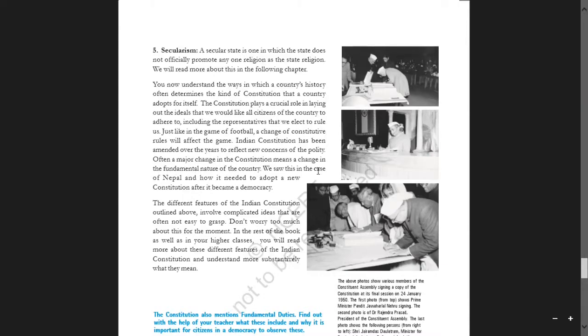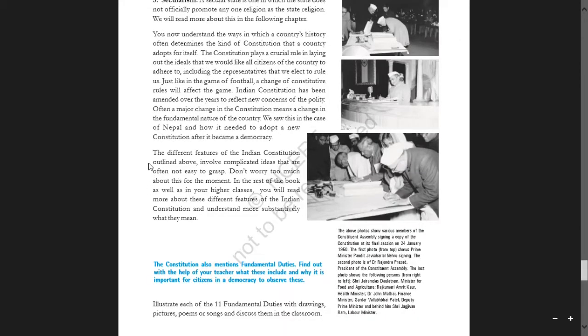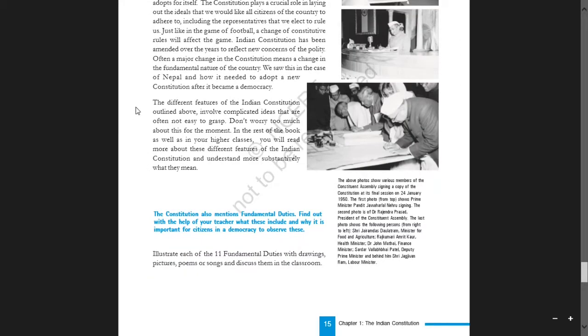We show this in the case of Nepal and how it needed to adopt a new constitution after it became a democracy. So when it became a democratic country, we have seen how a new constitution was adopted.